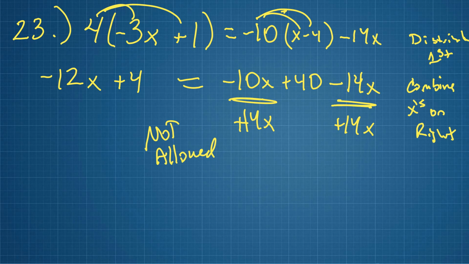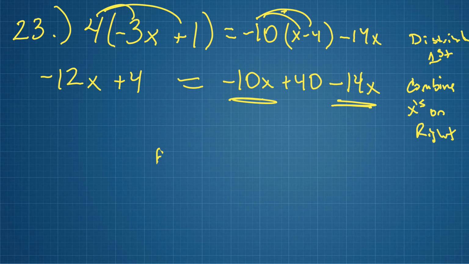I saw that a bunch yesterday. So don't do that. So what you're going to have to do is just combine negative 10. If you owe me $10 and then you borrow 14 more, you owe me $24. That's why it's negative 24x plus 40. And the left side stays the same.